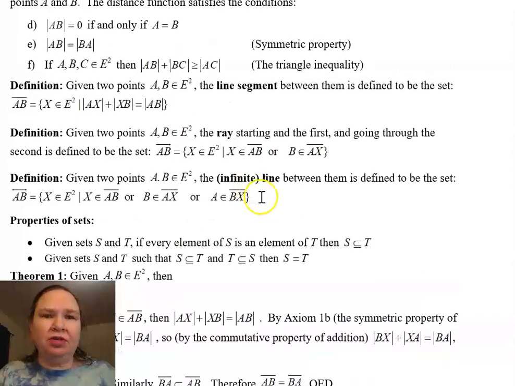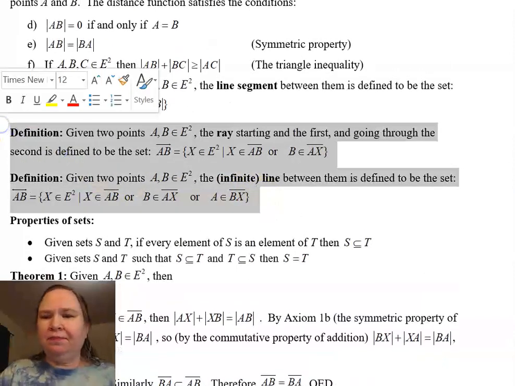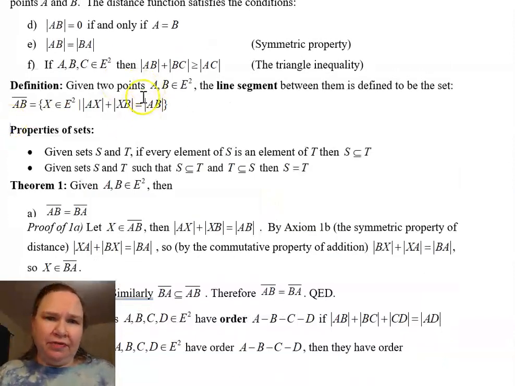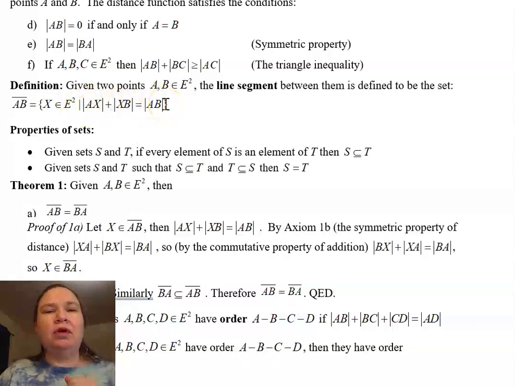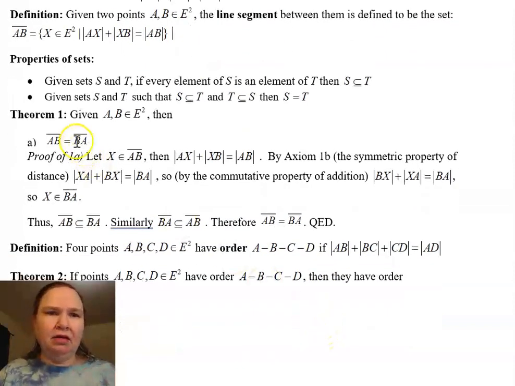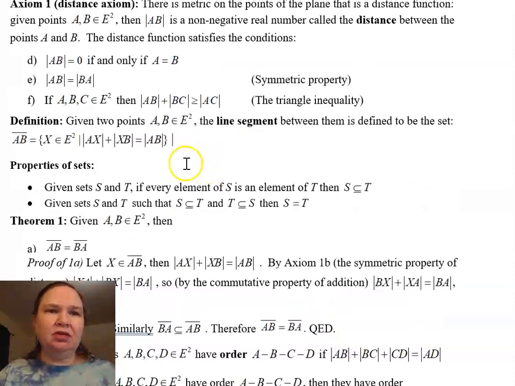So where's my definition of a segment? It's up here. The definition of a segment is that it's a set of points in the plane that satisfy a particular equation. So what I'm trying to say is that this set of points in the plane equals the segment BA, so let me change that into the segment BA.